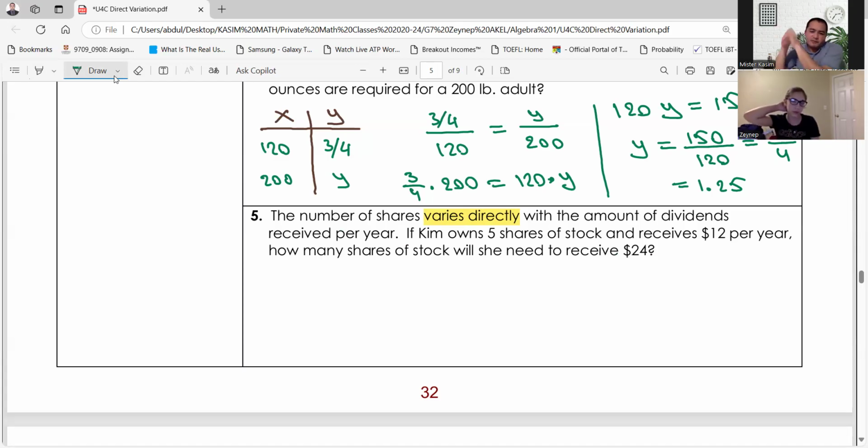It's a very easy question. Without even solving this, can you answer it? For 5 shares, you receive $12. Now to receive $24, how many shares will you have to buy?